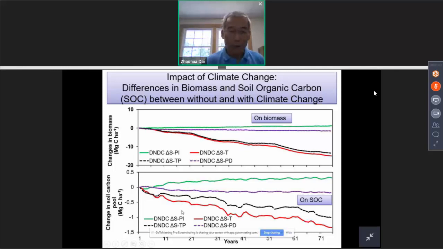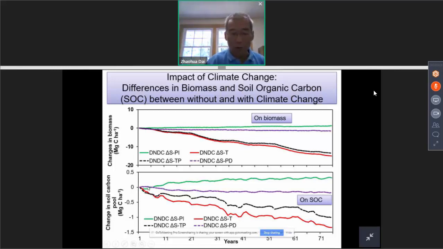And here is the carbon pool. At the bottom, this shows the carbon pool. For soil carbon, one case is a slight increase in precipitation. The other is a decrease in precipitation, and at first there is almost no difference.